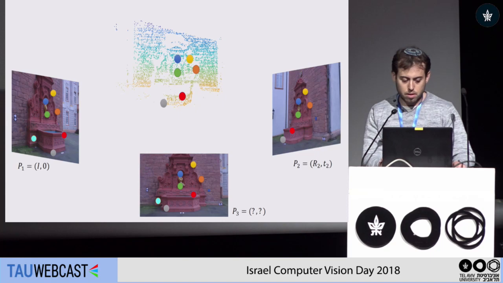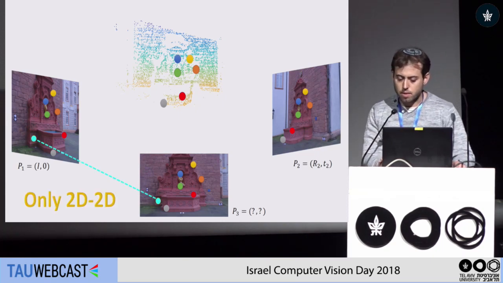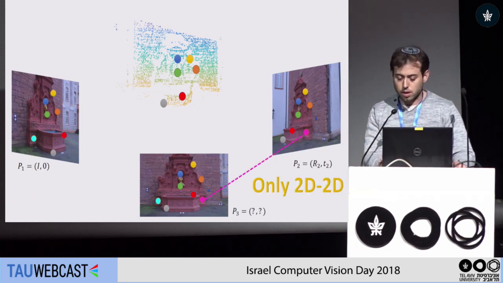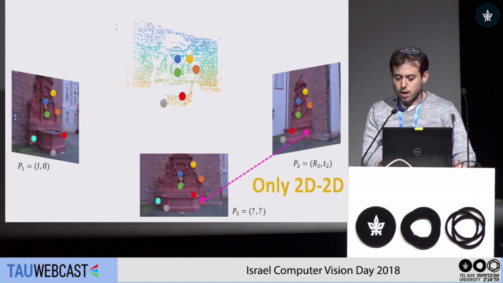For example, here you can see a 2D correspondence, but there is no 3D information about this point because it is occluded and cannot be seen from image 2. Here is another example. Here there is also only a 2D correspondence and no 3D information because this point is occluded from camera 1. So this defines our setup.